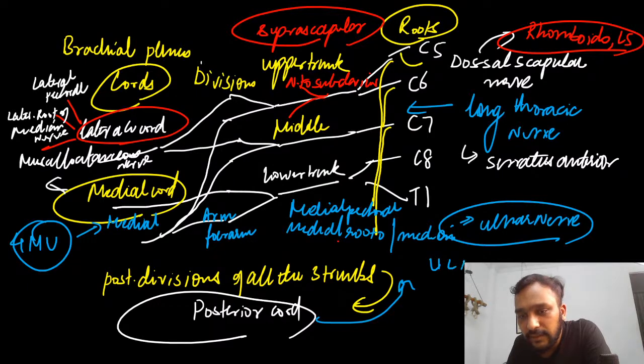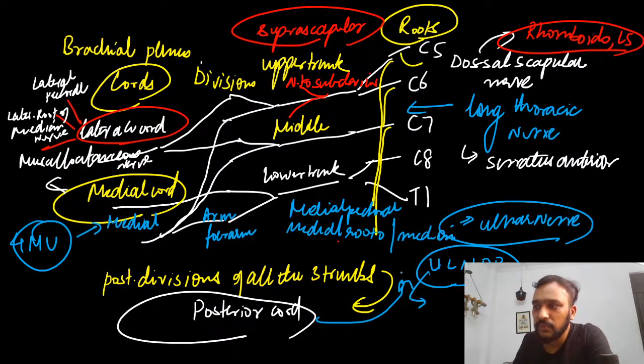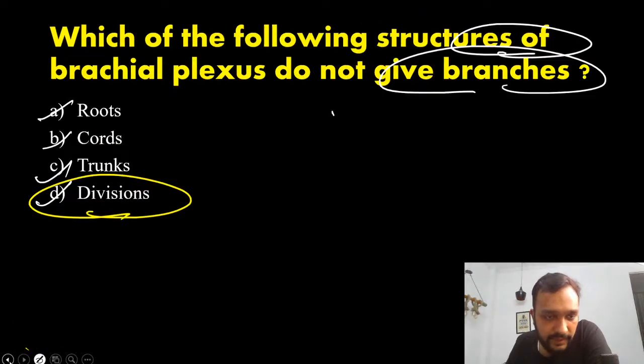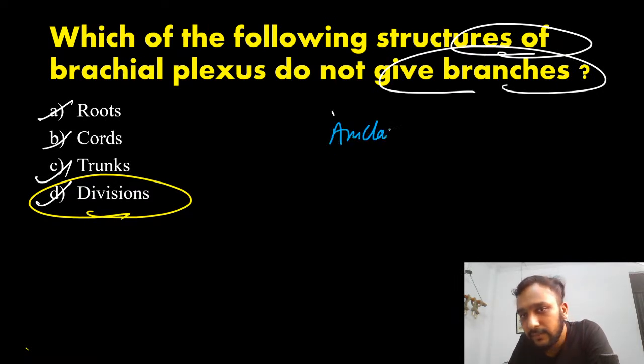The mnemonic is very simple, it is ULNAR, where U stands for upper subscapular nerve, L stands for lower subscapular nerve, N stands for nerve to latissimus dorsi, also known as thoracodorsal nerve, A stands for axillary nerve, and R for radial nerve.